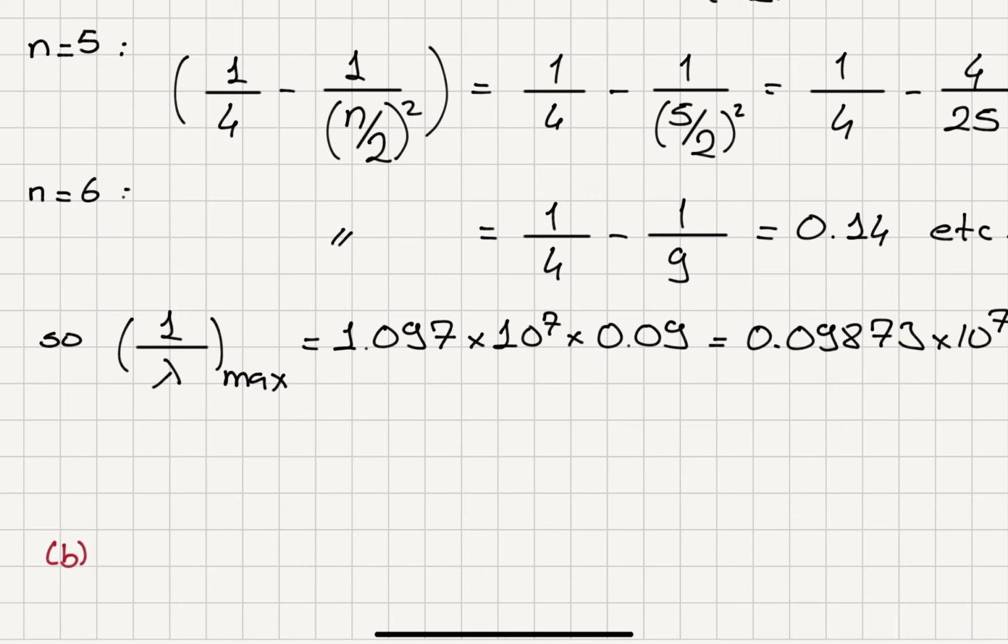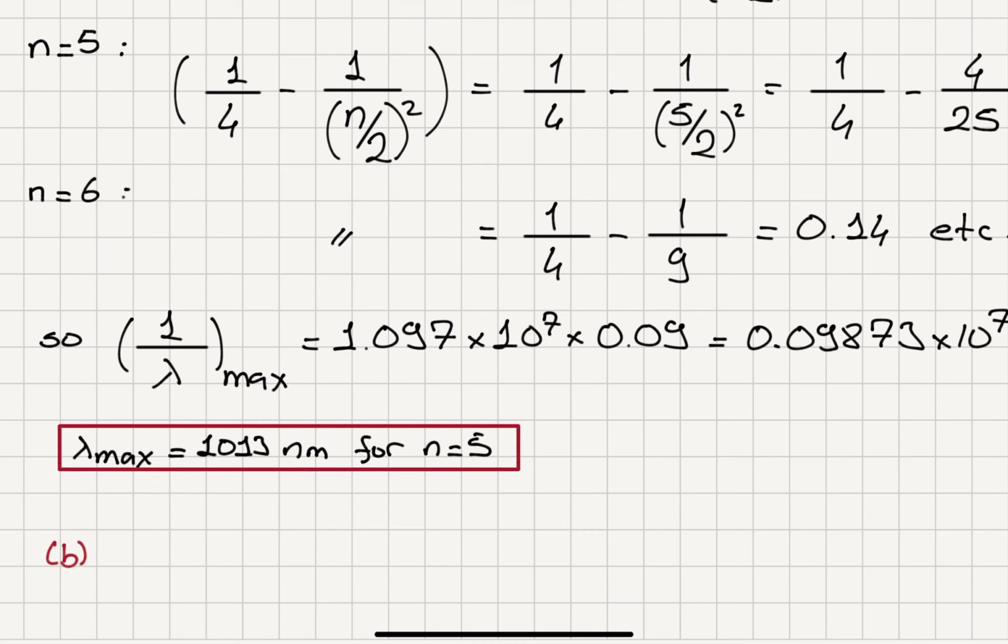And if we calculate this number, the maximum value of lambda is 1013 nanometers, which occurs for n equal to 5.